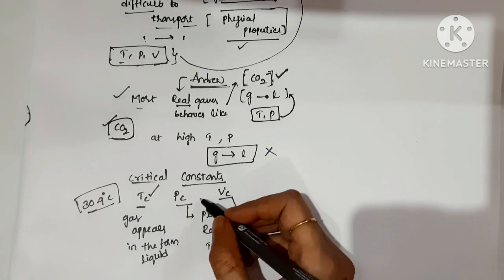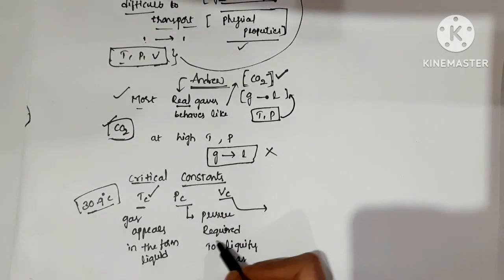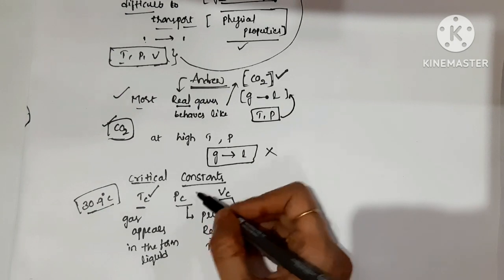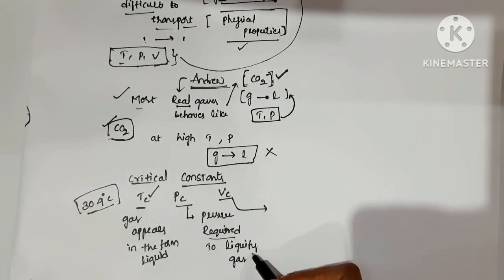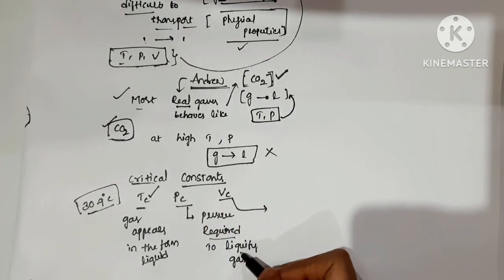Next, critical pressure. Critical pressure is the pressure required to liquefy the gas. That means at this pressure, the gas is liquefied.